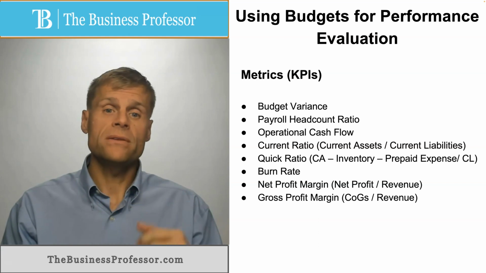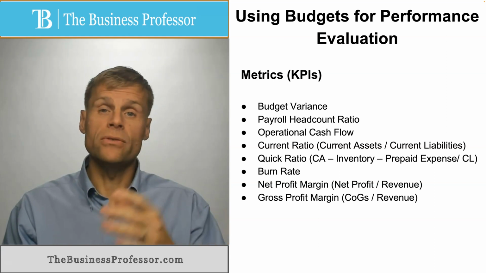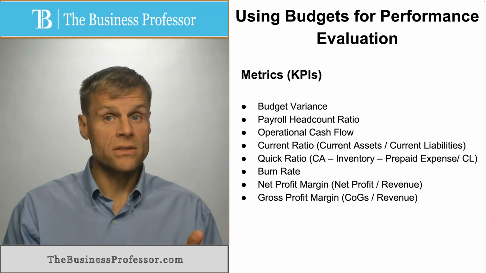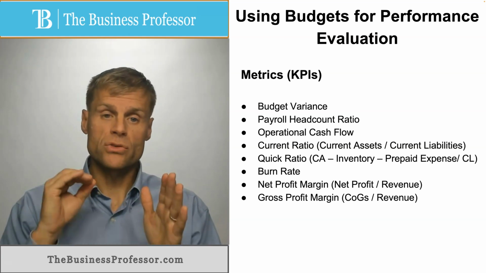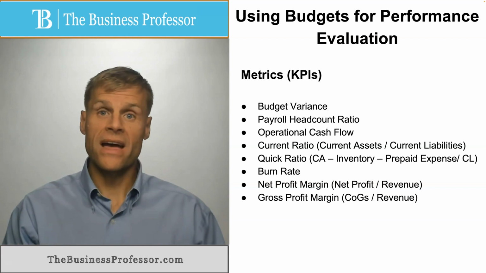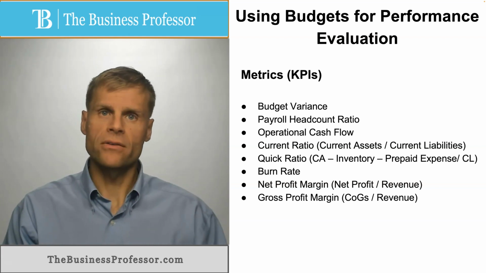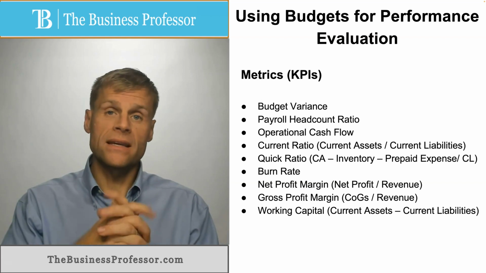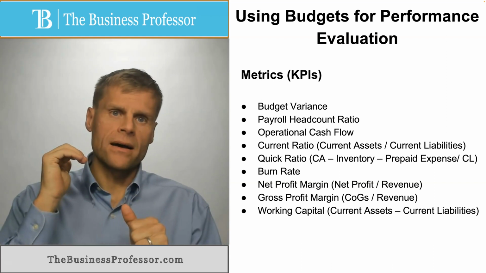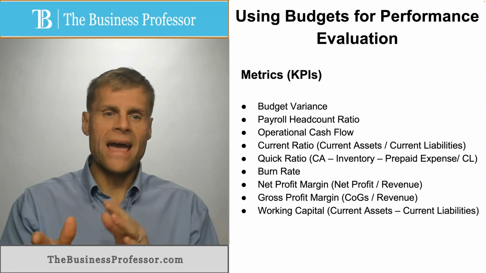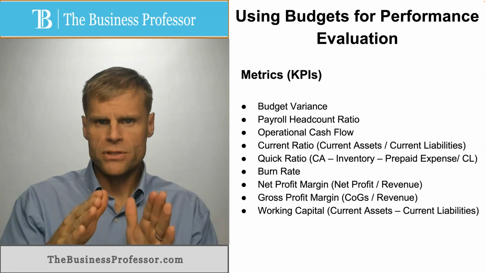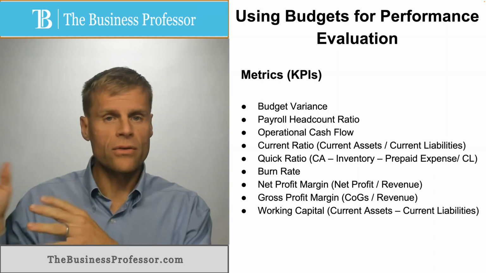Gross profit margin, this relates very strongly again to net profit margin, because once again, instead of net profit, you're using the cost of goods sold, which is just one single cost factor that once again should be accounted for in the budget. Working capital, this is again a balance sheet ratio where current liabilities are subtracted from current assets, so you know how much capital you have to cover your expenses.